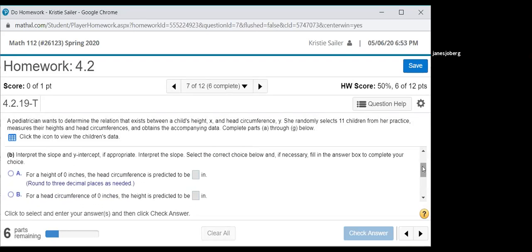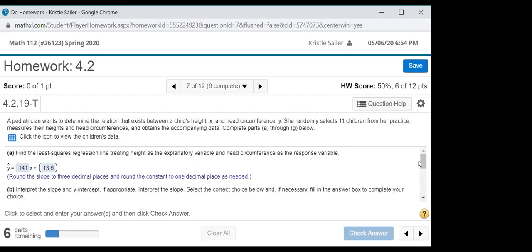Now it says, okay, so for a height of 0 inches, the head circumference is predicted to be... so you're gonna look at your regression equation. Remember, X, your explanatory variable, is height, and head circumference is the response.